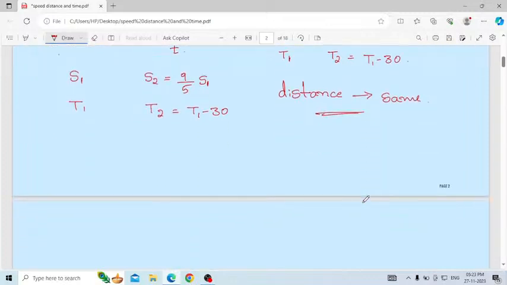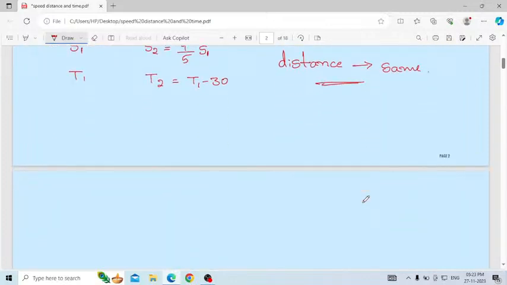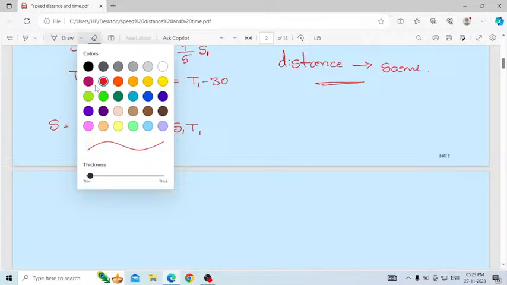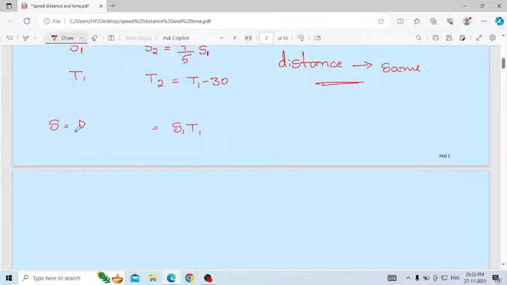According to the equation, you know speed is distance divided by time. Then distance is speed into time. You can use capital or small letters, that is your wish. I will consider all capitals, it will be easy for you. Then distance is S1 T1.